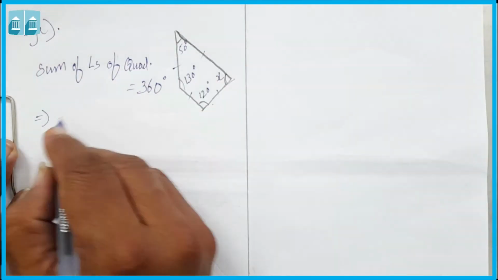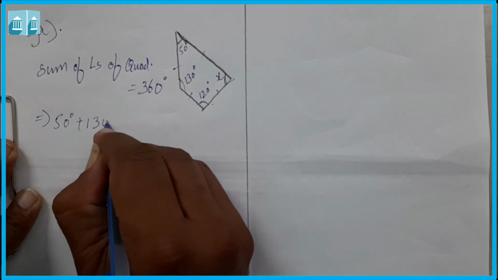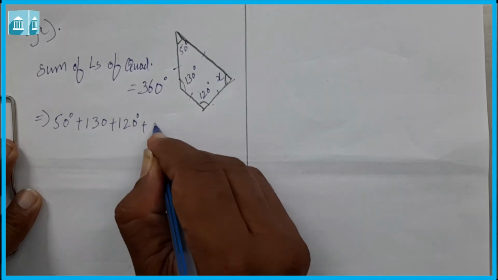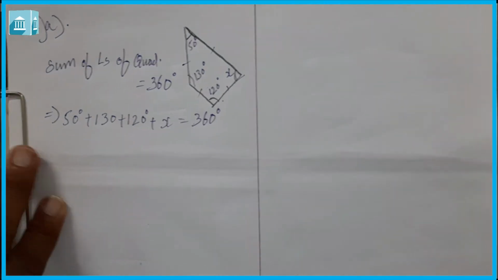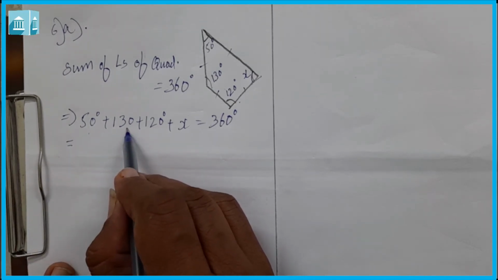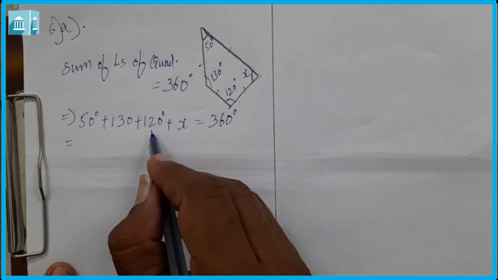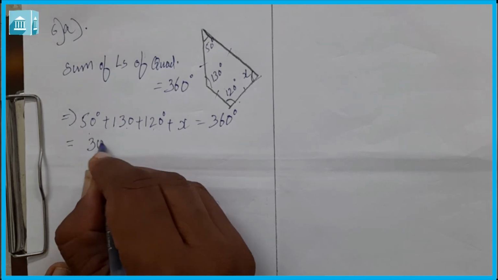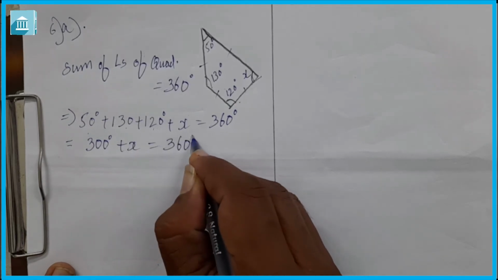It means that 50 degrees plus 130 degrees plus 120 degrees plus x is equal to 360 degrees. Now 50 plus 130 is 180, plus 120, that is 300. 300 plus x is equal to 360 degrees.